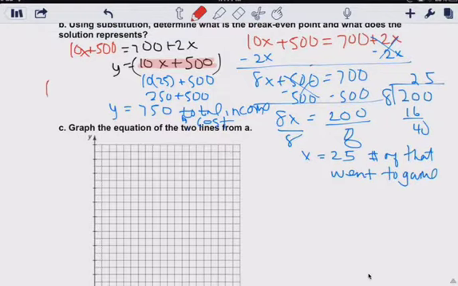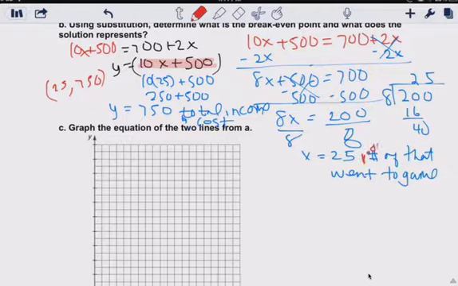Should be 25 and 750. So that means 25 people went to the game.